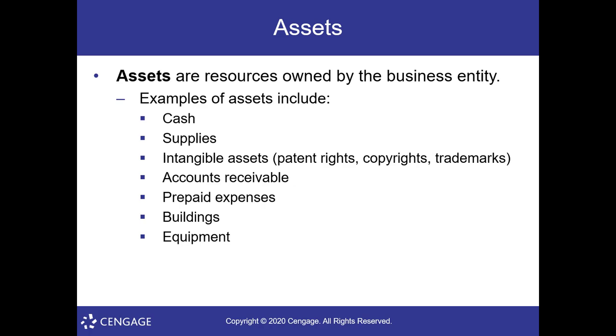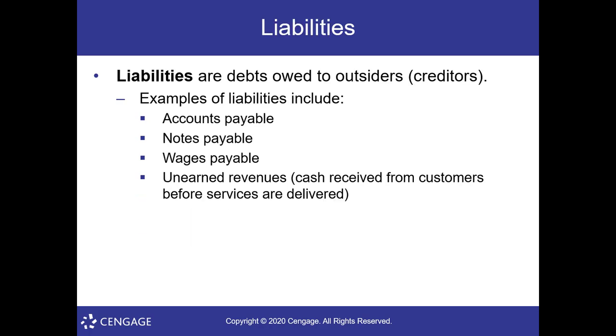So these are all the assets that a business entity may own. Here are types of accounts, including unearned revenues, which are deposits from customers for services or merchandise that has not yet been delivered.